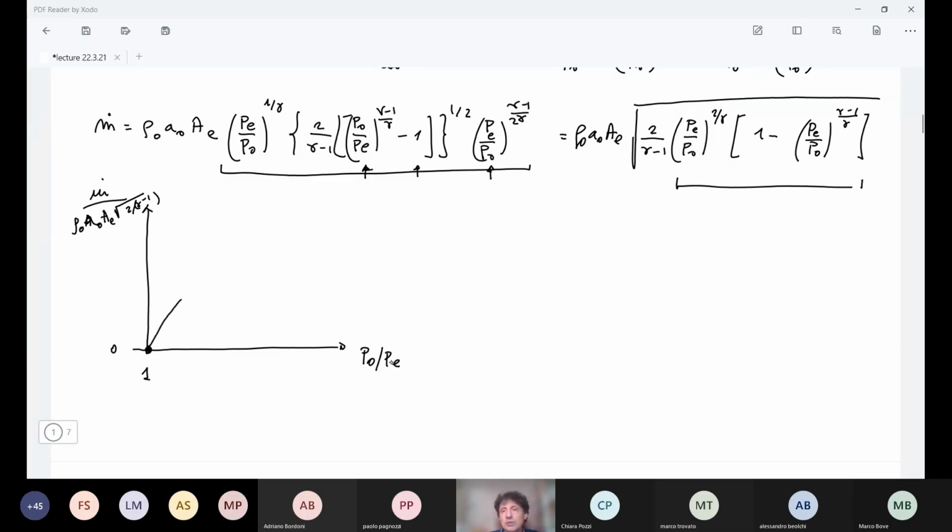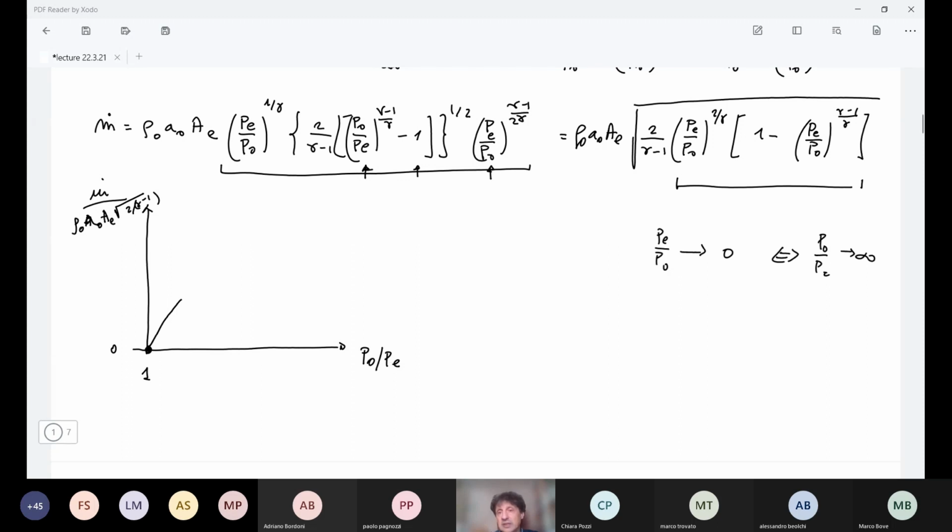But you also see, looking into this expression, that if we go towards values so high of P0 over Pe, that means this P over P0 tends to 0, that of course is equivalent to say P0 over Pe tends to infinity.